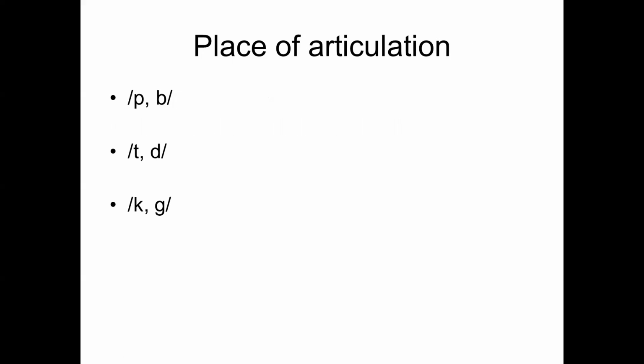The sounds p and b are both bilabial, meaning that they're made with both lips. You have your upper lip and your lower lip meeting at a certain point. So we call those bilabial sounds.